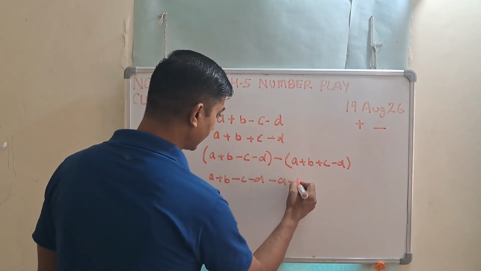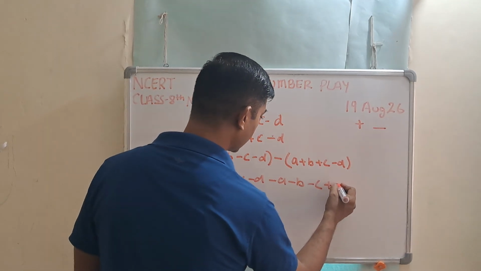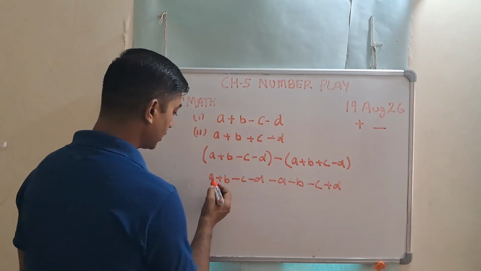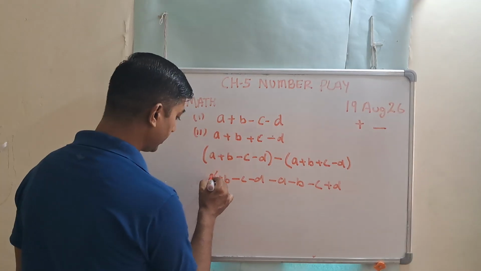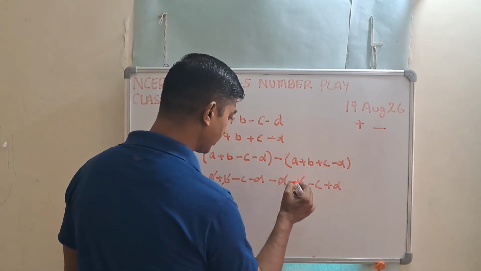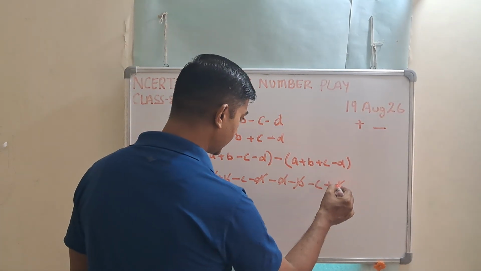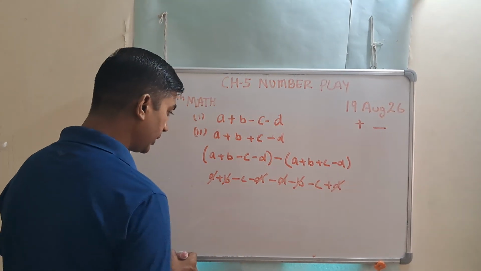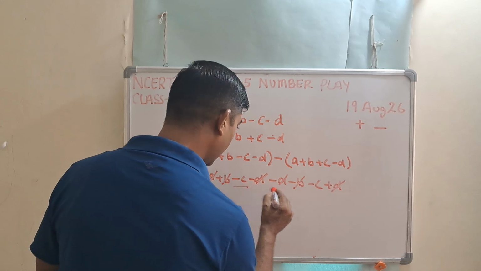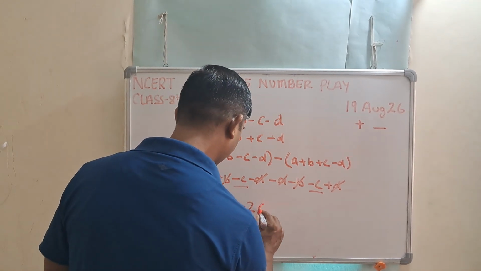Minus A minus B minus C plus D. Plus A and minus A will cancel out. Plus B and minus B will cancel out. Minus D and plus D will cancel out. What will be our result left? Minus C and minus C, that is 2 minus C.